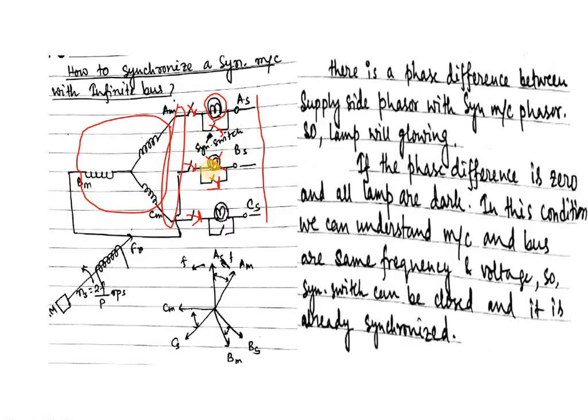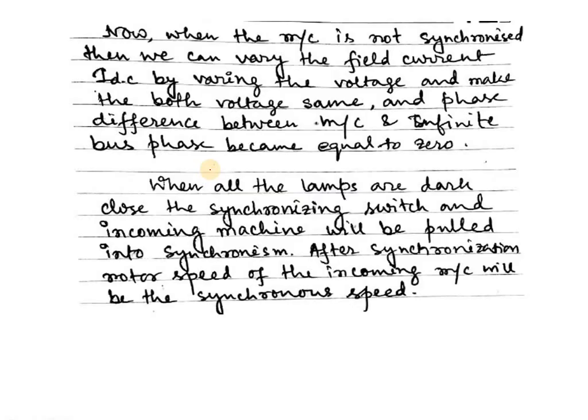The machine will start connected with the infinite bus. But when the machine is not synchronized, then we can vary the field current IDC, definitely the field is a DC supply, so it is IDC, by varying the voltage, make both voltages the same, and the phase difference between machine and infinite bus becomes equal to 0.